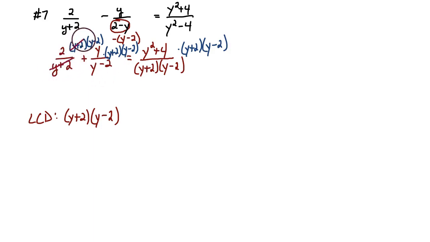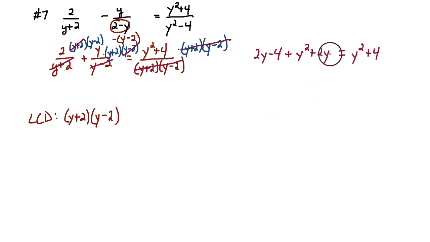Y plus 2 cancels y plus 2. Y minus 2 cancels y minus 2. And both of these cancel away these. Our new equation is 2 times y minus 2, which is 2y minus 4, plus, here in the middle it's y times y plus 2, which is y squared plus 2y, and that's equal to, on the right side, y squared plus 4.